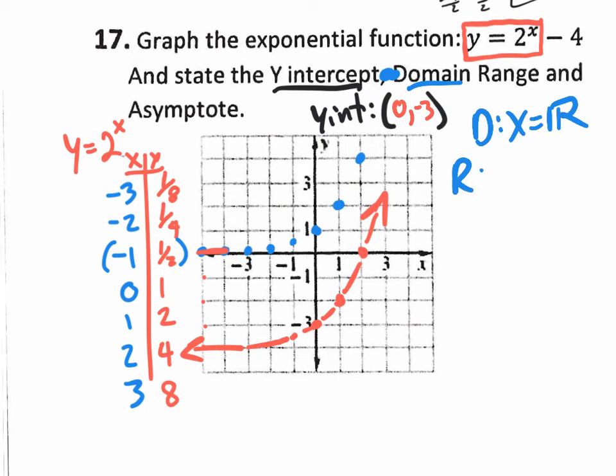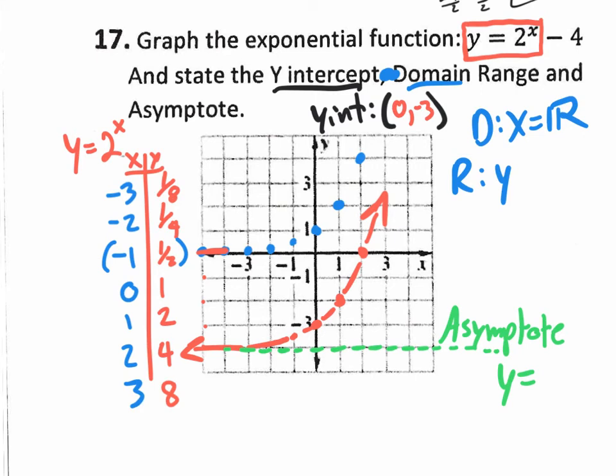For the range, we're talking about the y values, and that's either going to be above or below your asymptote value. And your asymptote value is the line that your graph infinitely approaches. You could also locate your asymptote by saying y equals k.